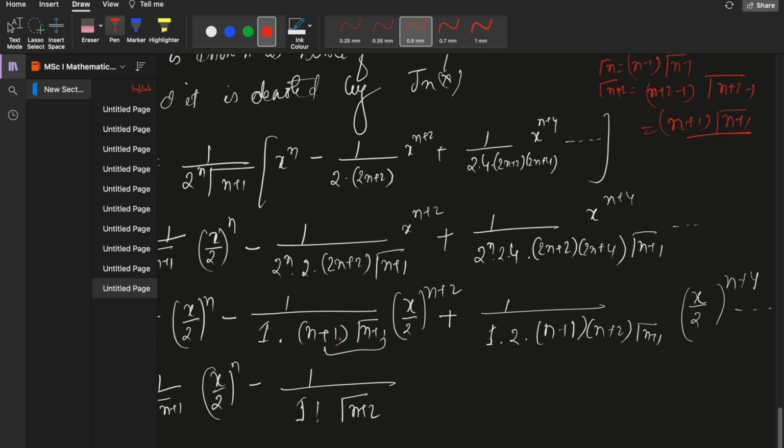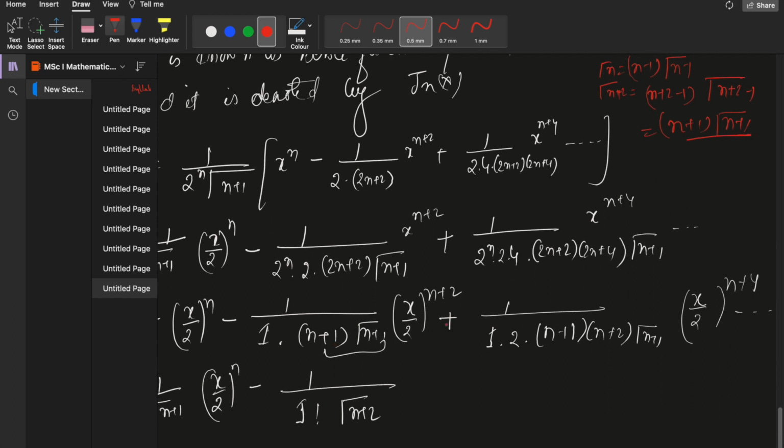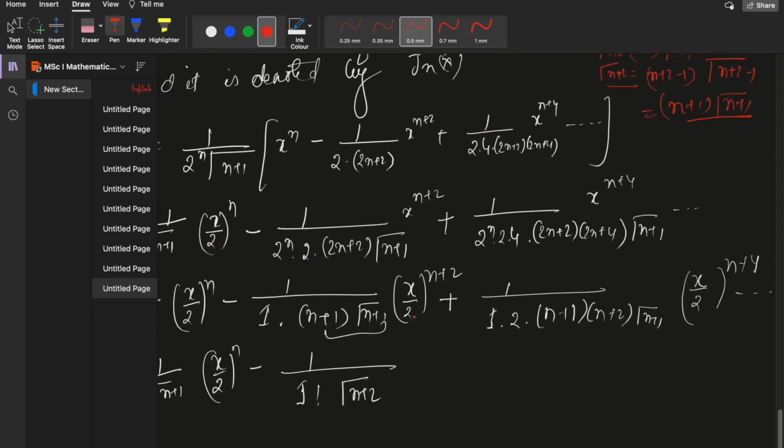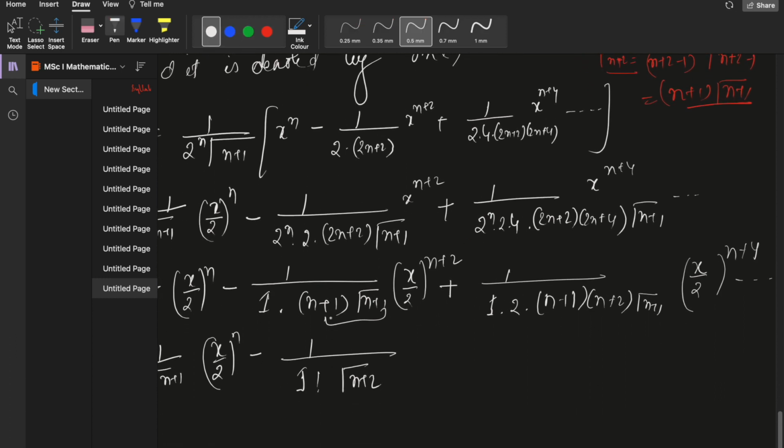So I had written that gamma n plus 1 is n gamma n, and n plus 2 gamma n plus 2. So from this formula I had written this. All right, so I can write this as n gamma n plus 2, x upon 2 to the power n plus 2.